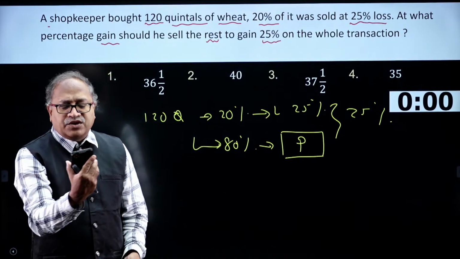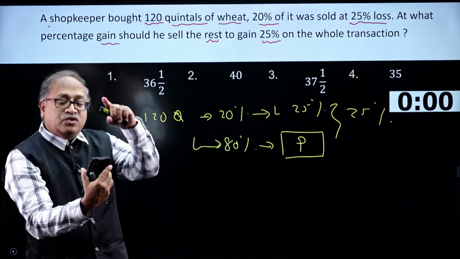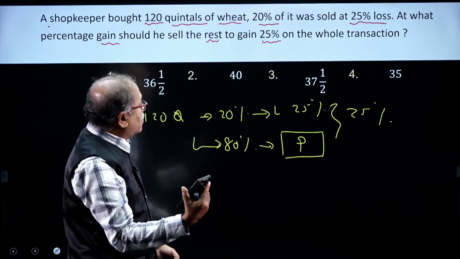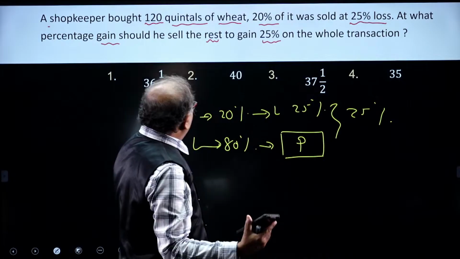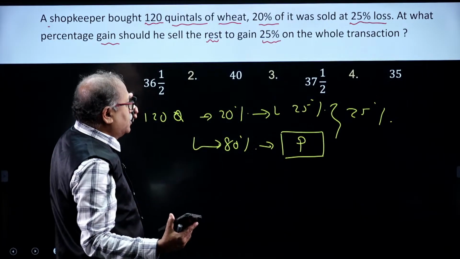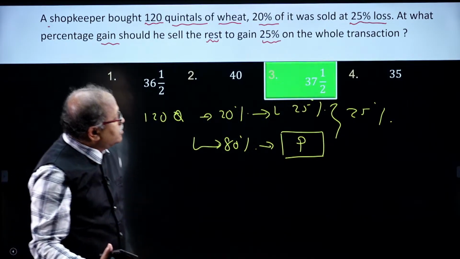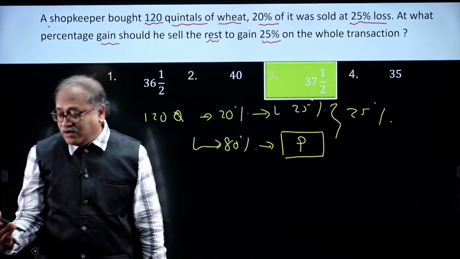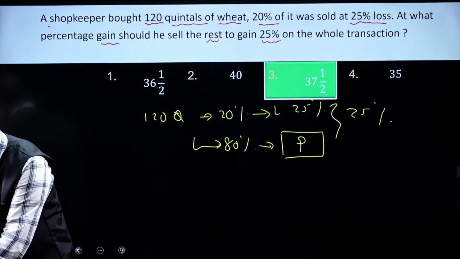Mr. Venkat has said option A, 36 and a half? Acha, first option. Okay, let me check the answer. It is 37 and a half.